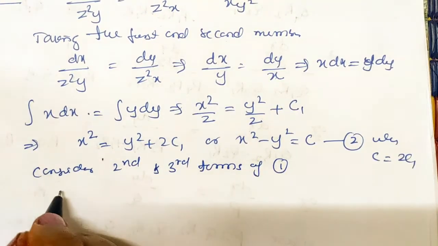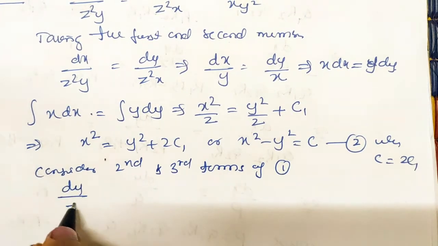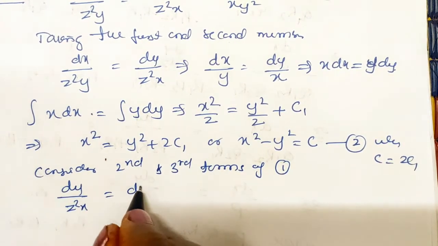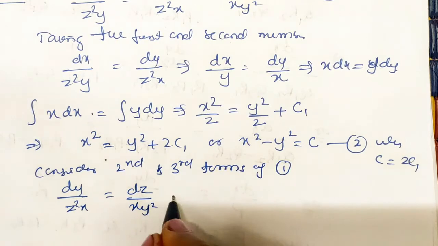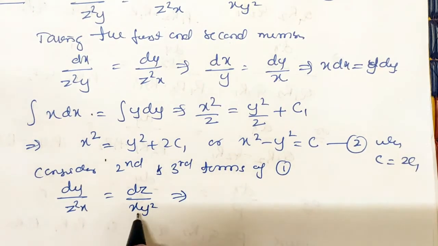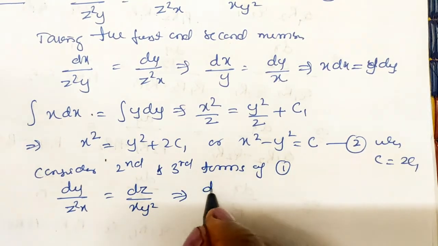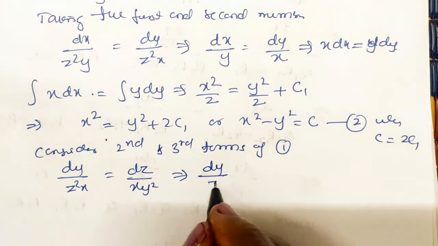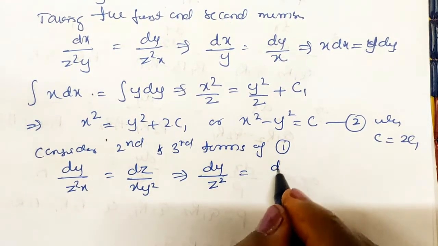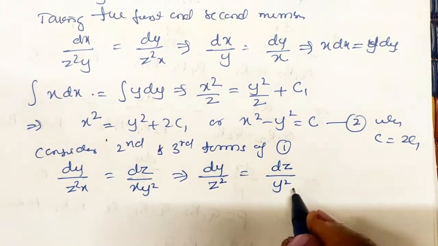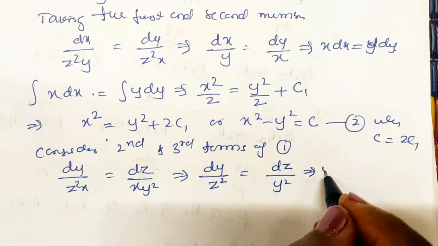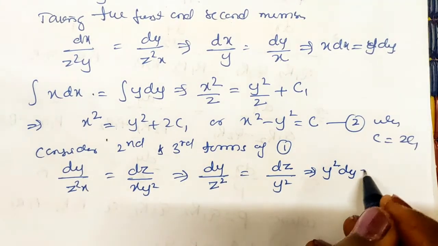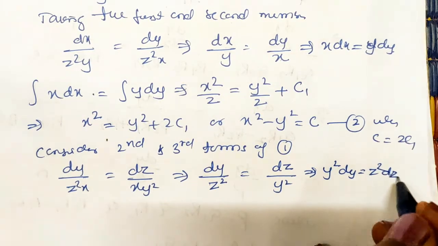Then we have dy divided by z square x is equals to dz divided by xy square. On both sides x gets cancelled. It becomes dy divided by z square is equals to dz divided by y square. Then cross multiply this. It becomes y square dy is equals to z square dz.